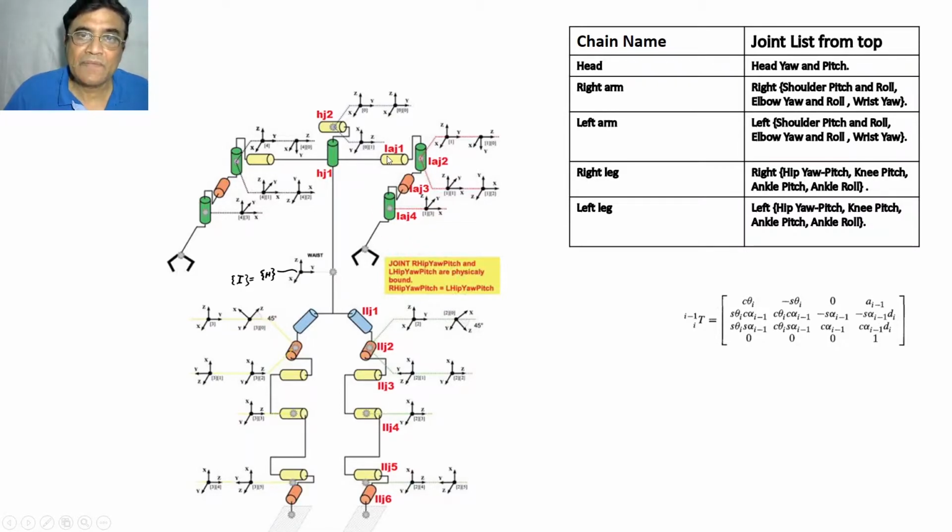And the arm has 5 degrees of freedom, and they have been depicted here beautifully. Here is a coordinate frame attached. So this is the 0th coordinate frame, first coordinate frame, second coordinate frame, third coordinate frame, like that.